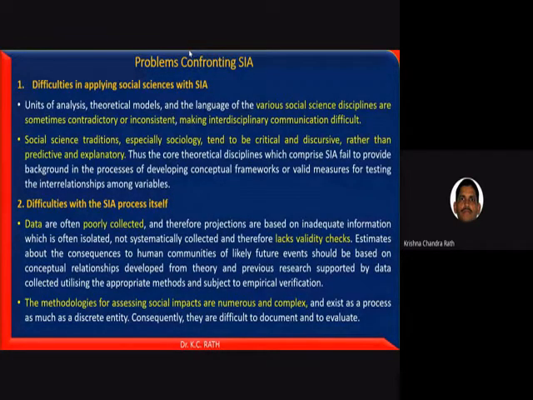Their parameters or variables are controlled, and we many times have to go to the society, the village, the towns, the people, and it is very difficult to do things in the field. That's why social science studies and sociology tend to be critical and discursive rather than predictive and explanatory like physics, chemistry, and mathematics. So, difficulty in the process itself.